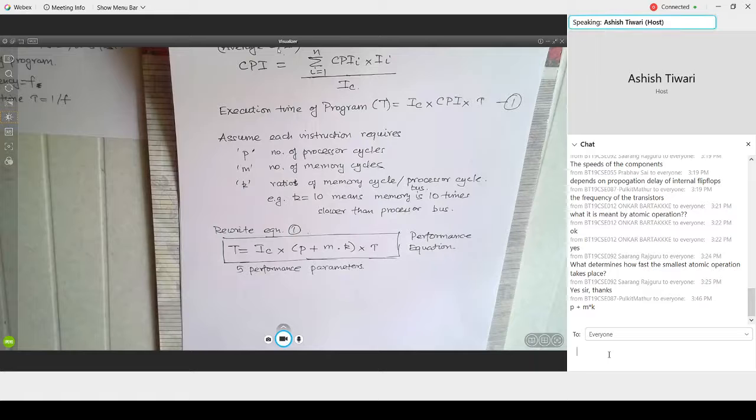Sir, in the summation formula, what is I_i, which you have multiplied with CPI? Yeah, so i is the instruction type. Maybe in the next class I can do an example.